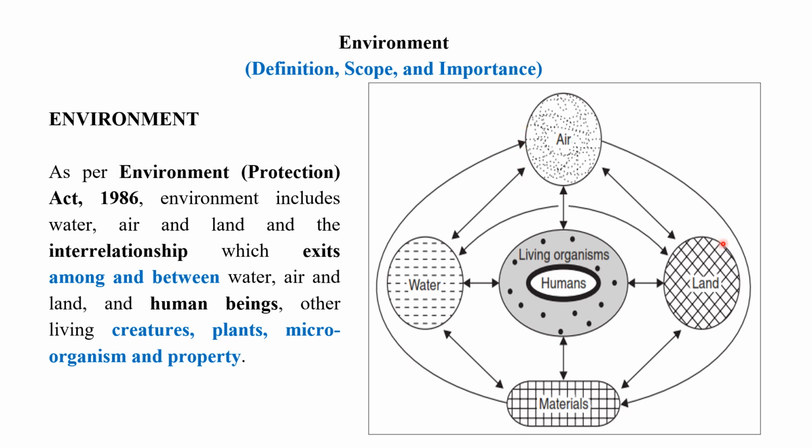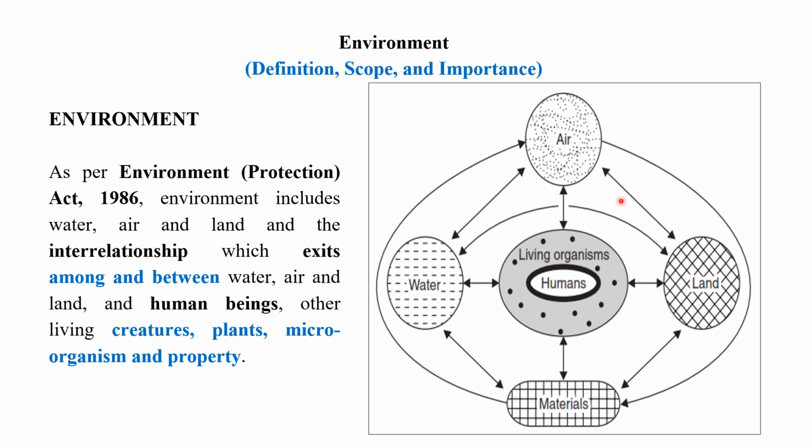We can see in this diagram how the air, water, land, and materials are interrelated with each other. Then living organisms, human beings. So surrounding us, the air, water, land, materials, all the things are interrelated and they have impact upon each other.